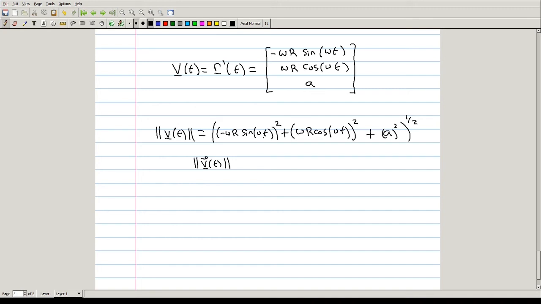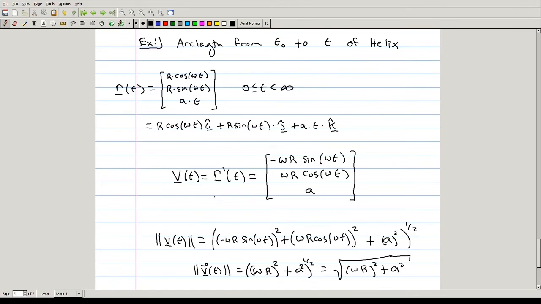And we see very quickly that this is going to simplify. We can factor out omega r squared, and we get sine squared plus cosine squared, which is 1. So this just becomes the square root of omega r squared plus a squared.